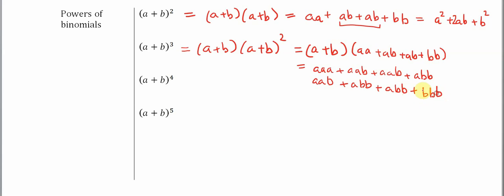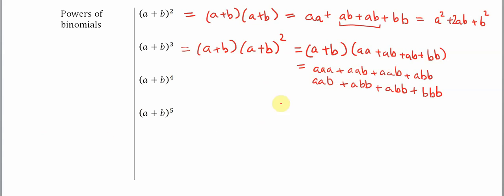So one pattern that we can start to extract from this is that every single term, when we cube the binomial, we're going to end up with three factors. Three variables here in some way, shape, or form.